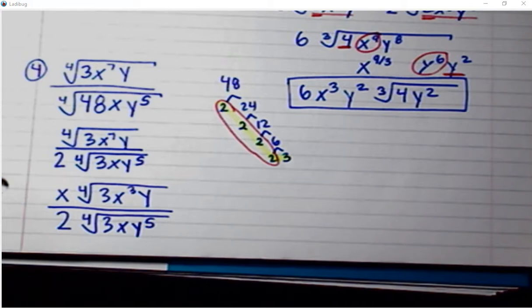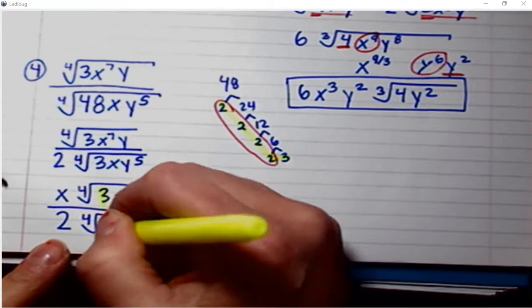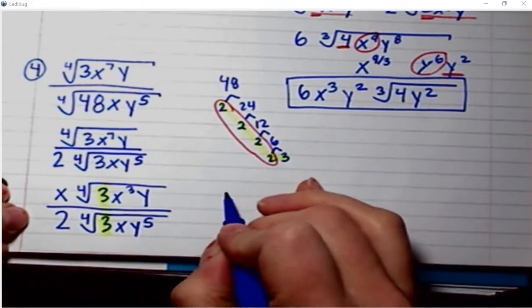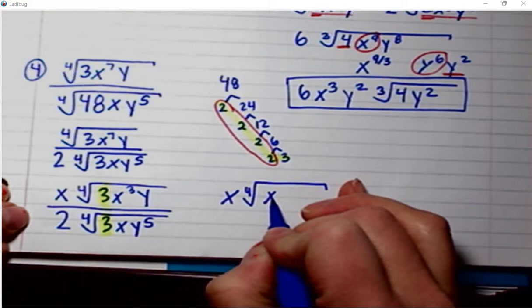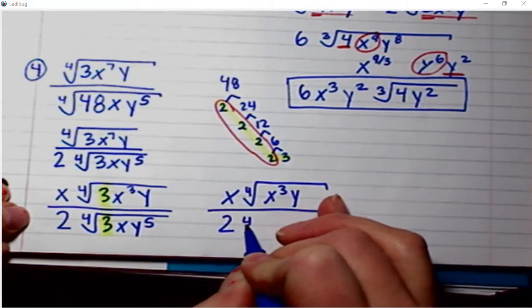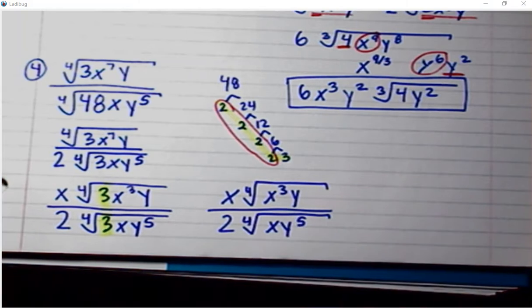If the numbers are both inside the radical, you can simplify them. Yeah, those things are going to reduce to 1. Fantastic. Okay, so I got an x of 4th root, so we'll just go x cubed y over 2, 4th root xy to the 5th.